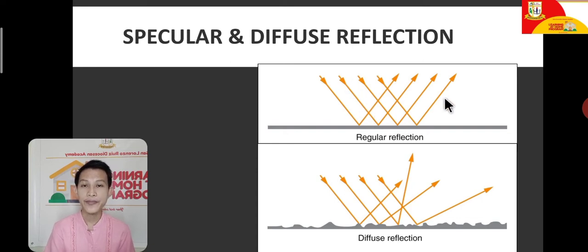Pantay lang sila. But for diffuse reflection, since the surface is rough, example nito is water, ang nangyayari ay iba't ibang direction yung nagiging kinapupuntahan ng mga reflected rays. So, itong mga incident ray, kung tumama sila ng ganyan, hindi porket kung ano yung kanilang angle, ganun din yung magiging angle dito sa may reflected ray.